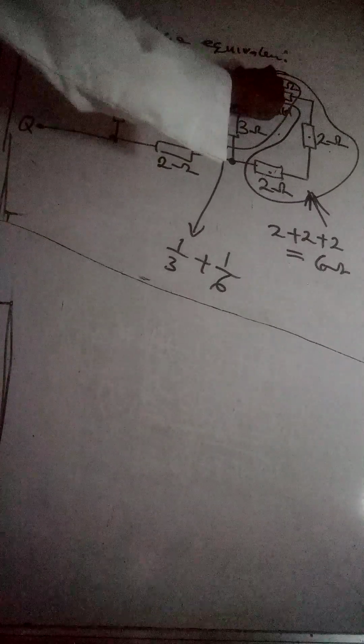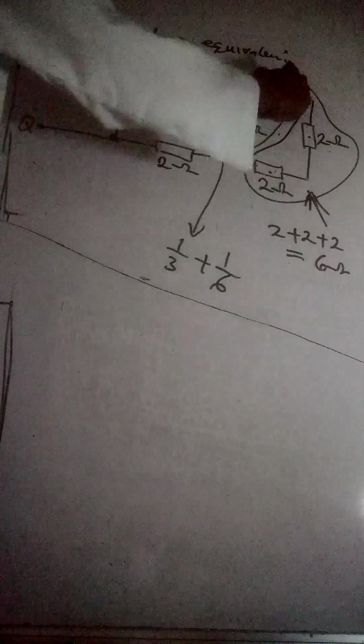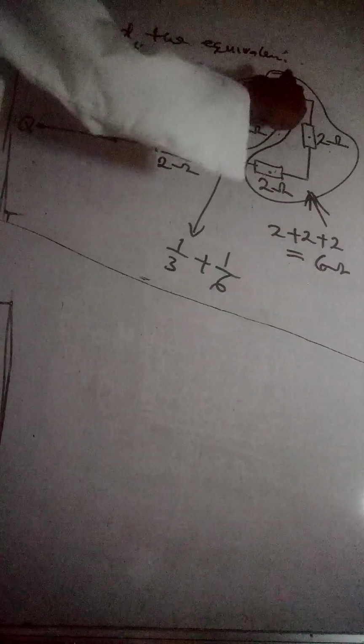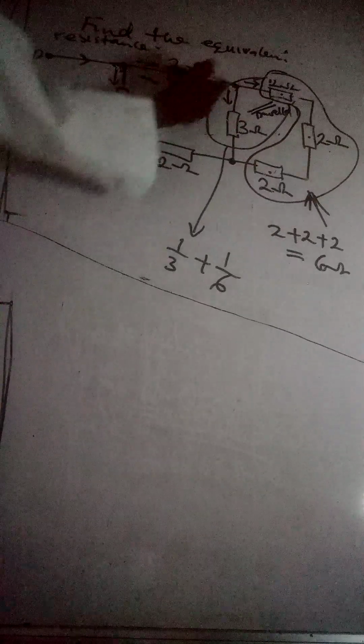So, these 2 now, I want to combine them in parallel. That will be 1 over 3 plus 1 over what? 6. Why? Because it is not only these 2 now. These 2 plus these 2 plus these 2 have become 6. Don't forget. So that means definitely I am finding the parallel between this loop and this loop.